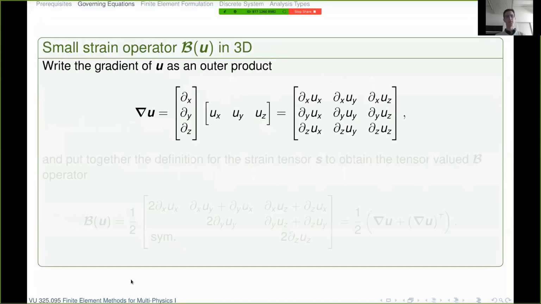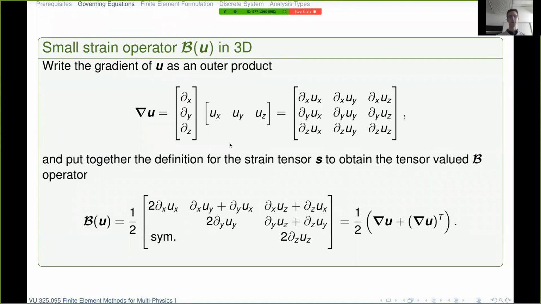Okay, and let's look finally at the small strain operator B u in 3D. It goes exactly the same way. We write the outer product of the nabla vector with u to build the gradient, which gives us this tensor expression, now a 3 by 3 tensor, and put together the equations for the strain tensor.